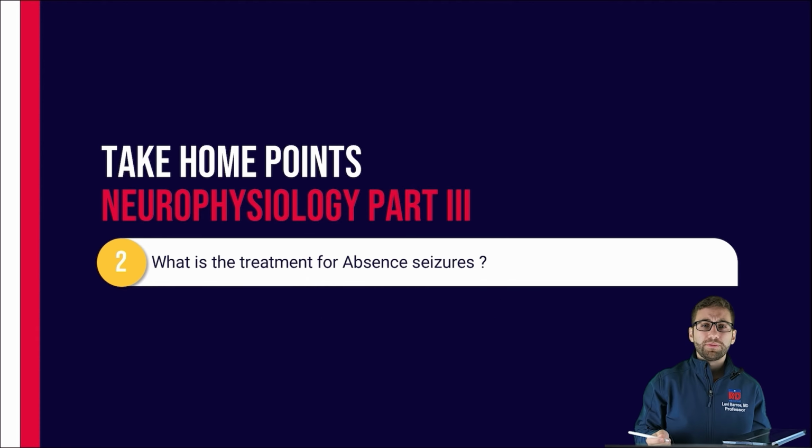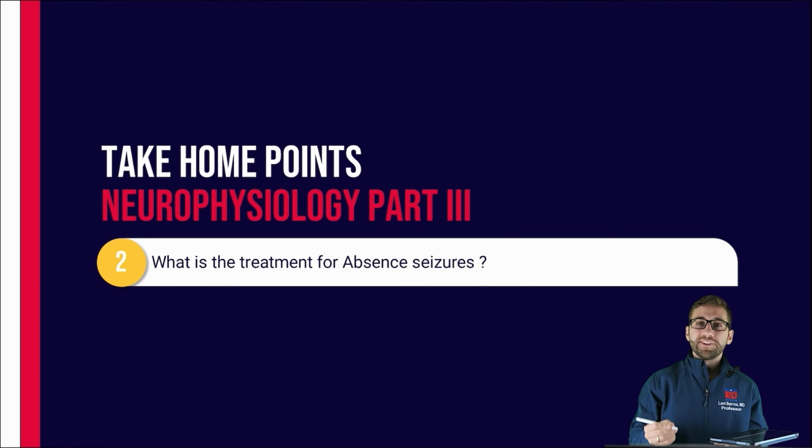And what about treatment? Well, the first-line treatment for absence seizures is ethosuximide. This medication works by inhibiting T-type calcium channels in thalamic neurons, which are involved in generating the spike and wave discharges seen on EEG during absence seizures.